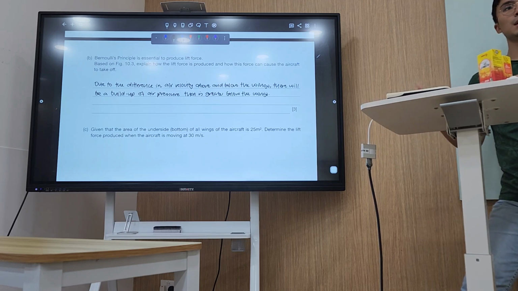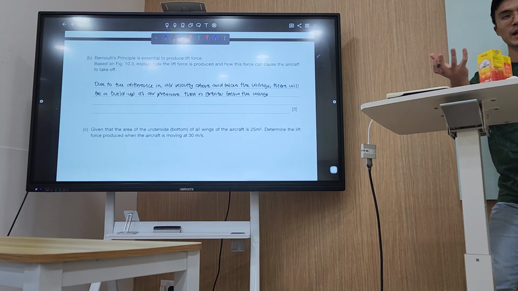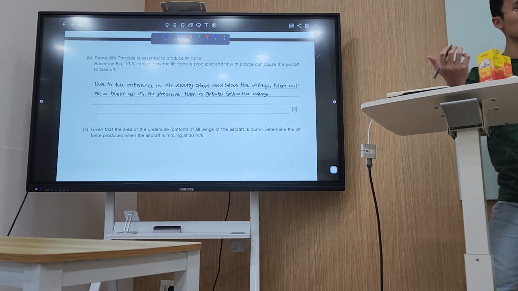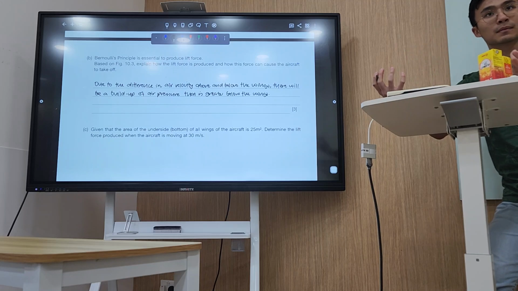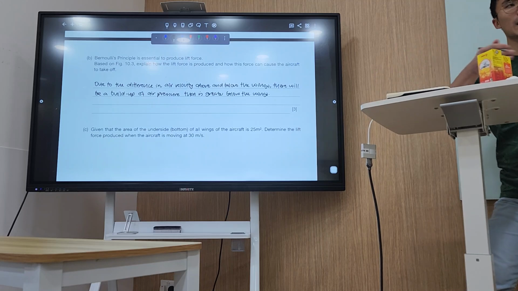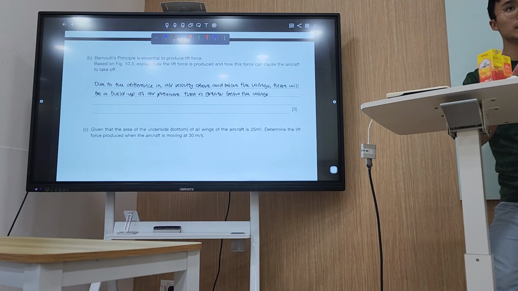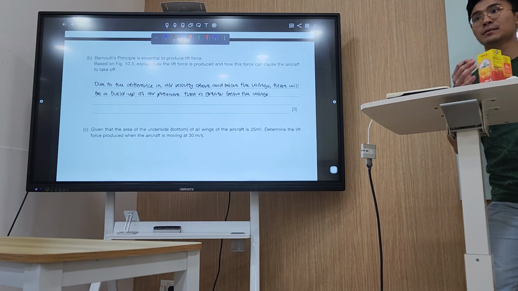In other words, because both sides are moving at different speeds, there is a build-up of air pressure underneath. Both sides also have air pressure, sorry, but the bottom side has more air pressure because the air is going slower. It's like a choke point.